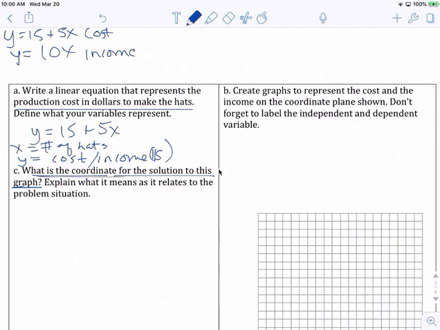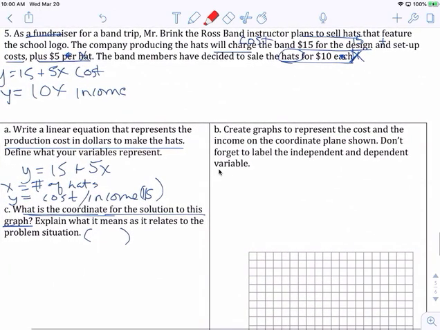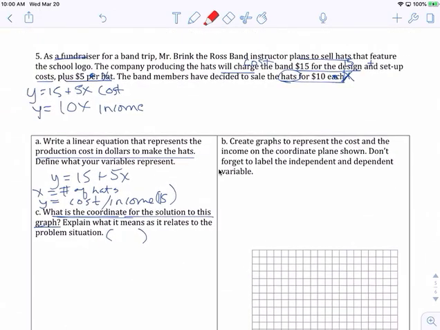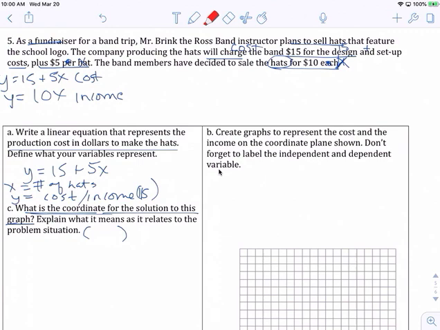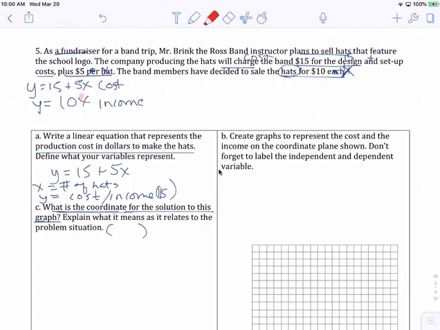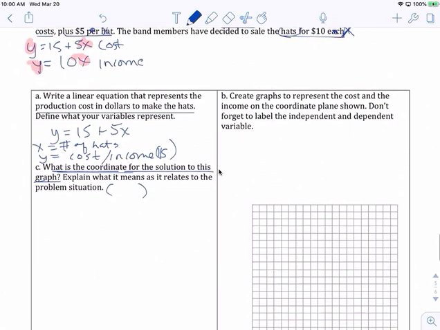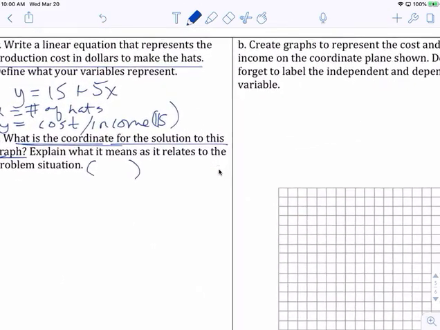We need to find where the two lines meet. How do we know it's two lines? Because there's 2 X's and 2 Y's, two lines. So we need to see where they meet. What are the coordinates for the solution? Explain what it means as it relates to the problem situation.